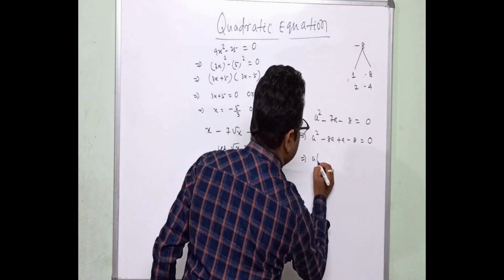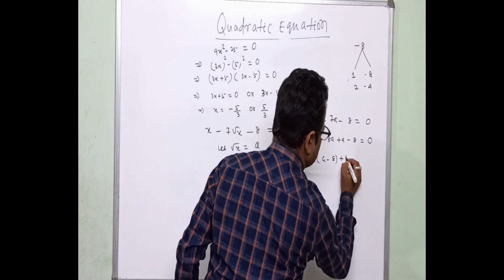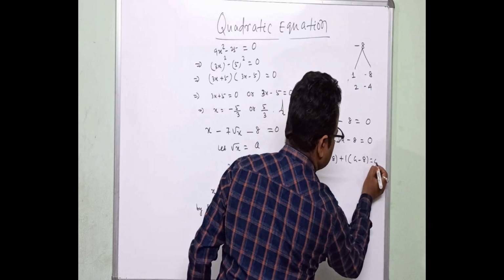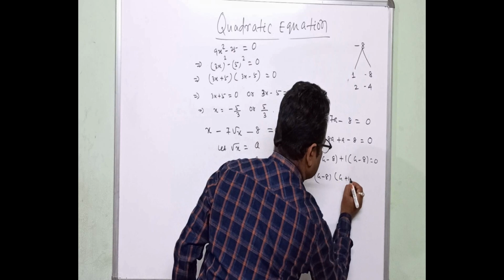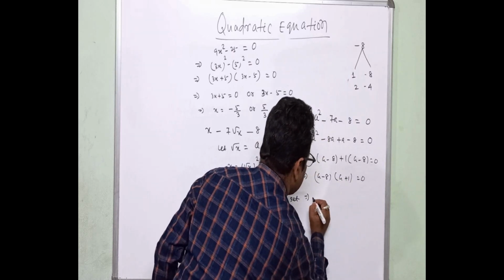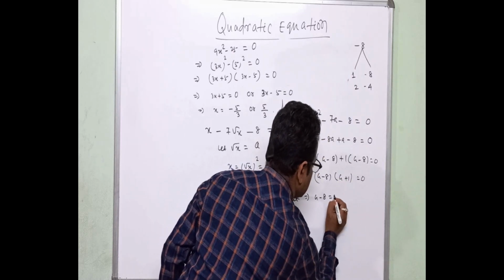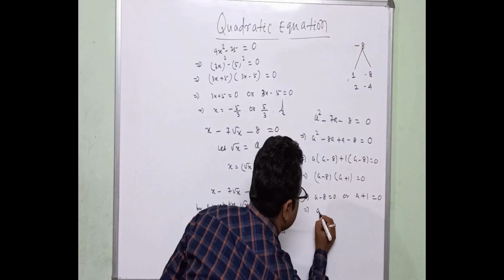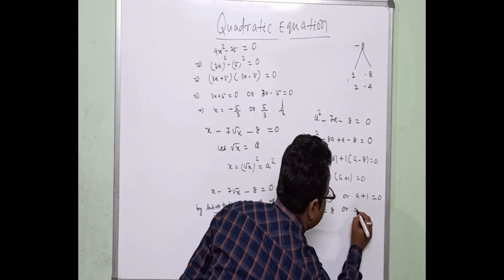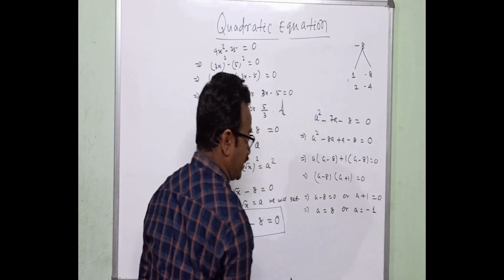That implies a into a minus 8 plus 1 into a minus 8 is equal to 0. That implies a minus 8 into a plus 1 is equal to 0. That implies either a minus 8 is equal to 0 or a plus 1 is equal to 0. That implies a is equal to 8 or a is equal to minus 1.